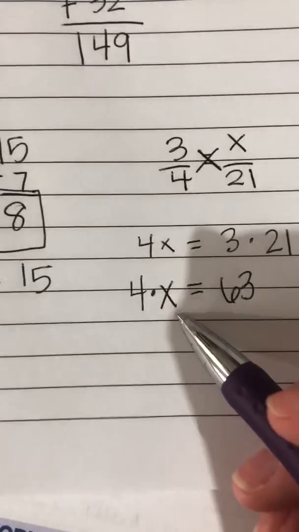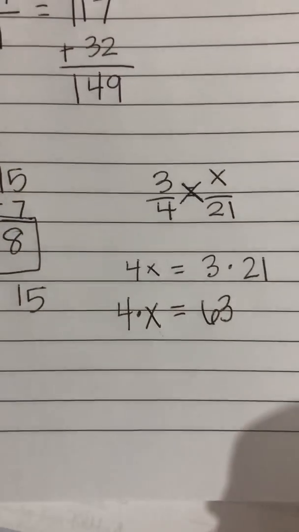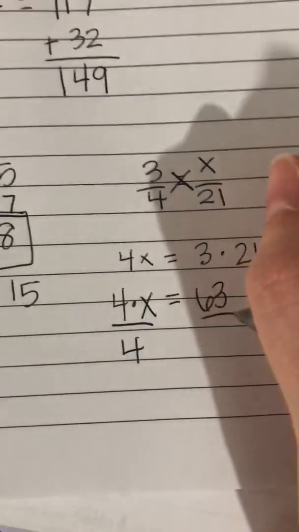Now, I'm trying to get x by itself, so I do the opposite. The opposite of multiplying by 4 is dividing by 4. And if I do it on one side, I have to do it on the other side.